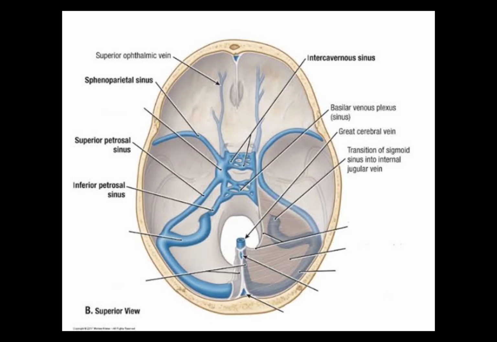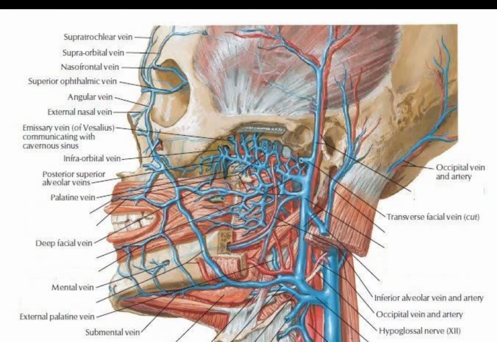The sigmoid sinus then drains into the internal jugular vein and passes through the jugular foramen. Then the internal jugular vein descends downwards. Now we come to the face and extracranial region of the head and neck.